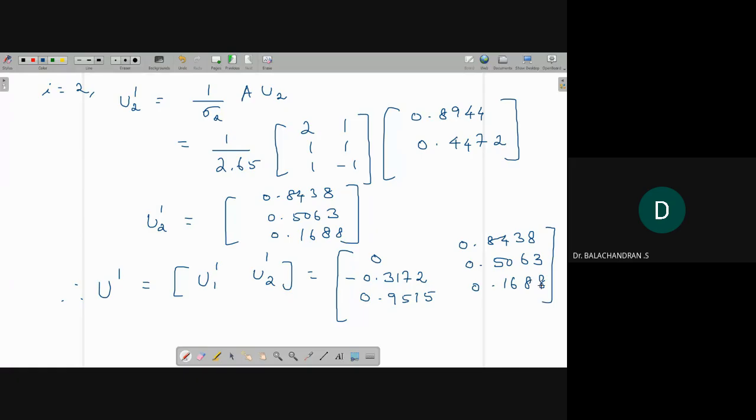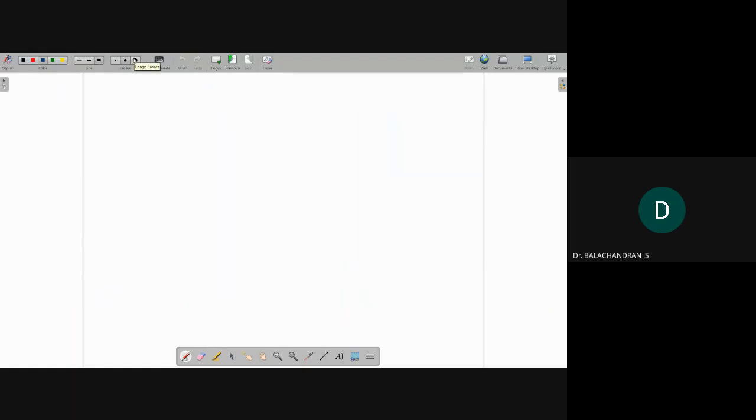So I think now we got everything. We are in the final stage. So A is equal to the singular value decomposition.